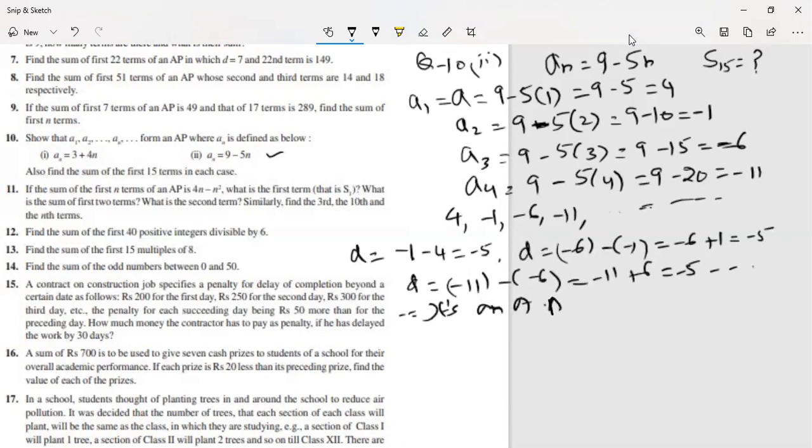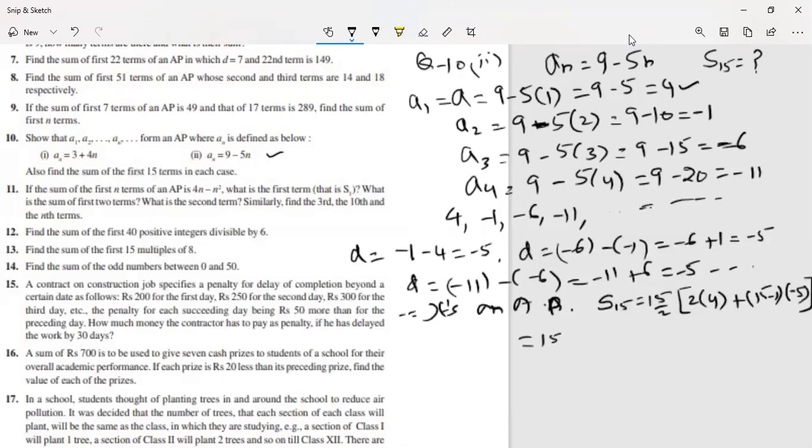Now find the sum of 15 terms. S15 we have to find out. So S15 will be equal to 15 upon 2 into 2A, where A is 4, so 2 times 4 is 8, plus the number of terms 15 minus 1 into the common difference, which is minus 5.